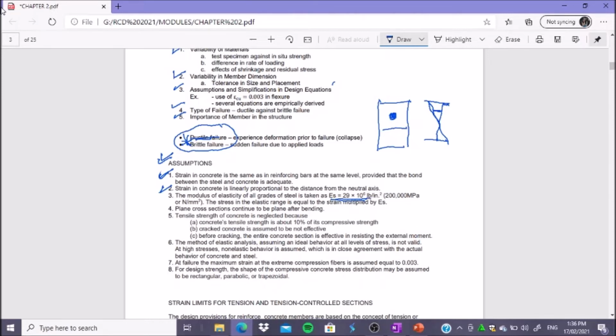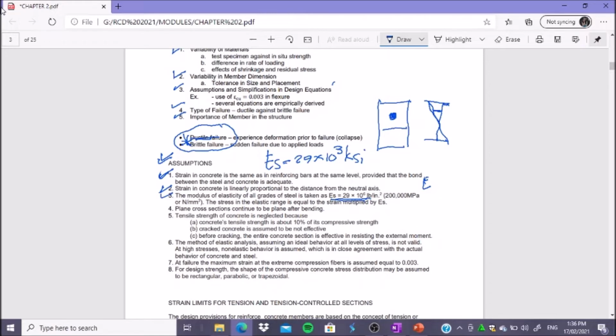So in English units, Es is equal to 29,000 times 10 KSI.